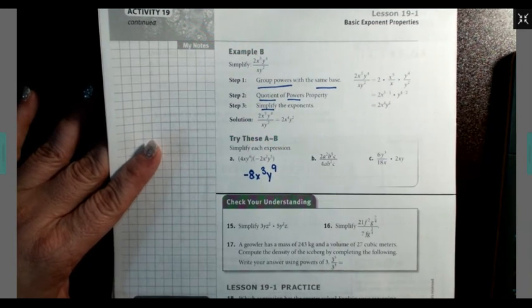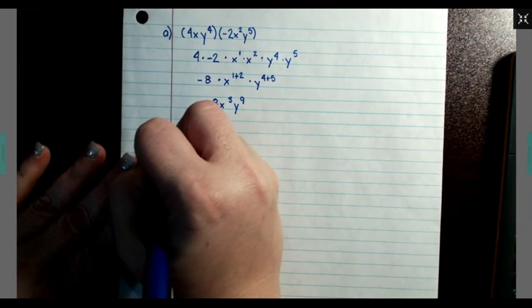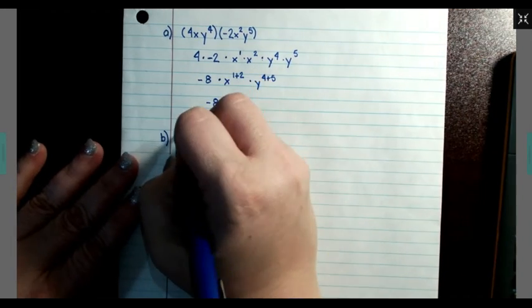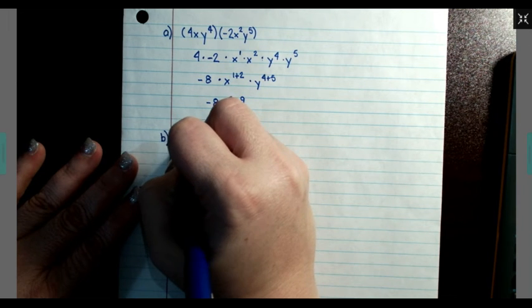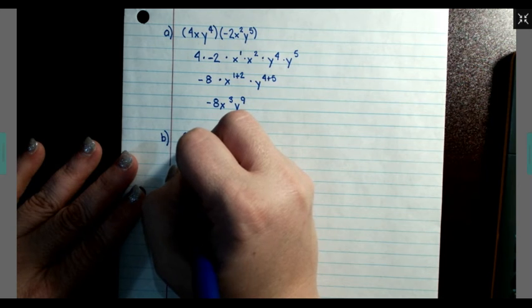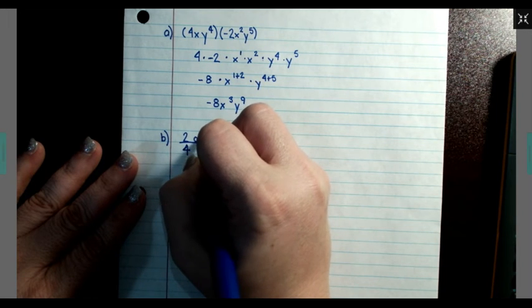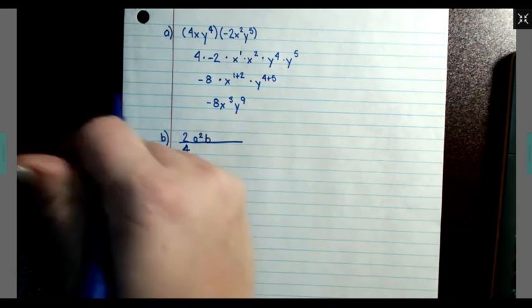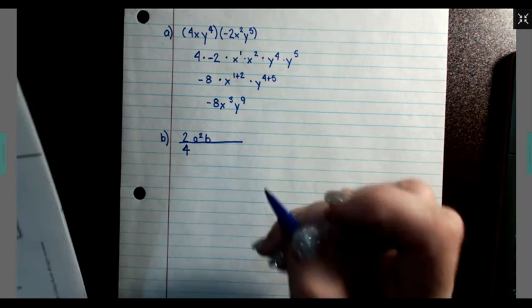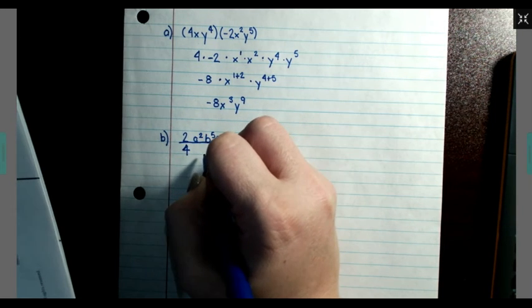Let's take a look at that B now. We're going to do 2 over, well, I should have written the whole top, I'm sorry. That should have been 2a squared, b to the 5th, c, okay?